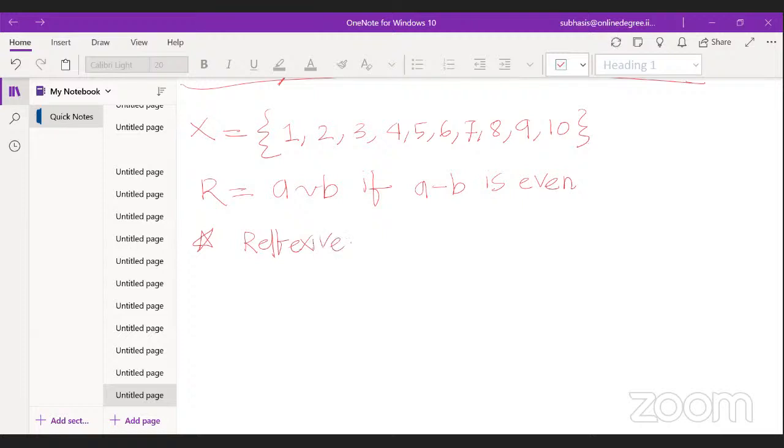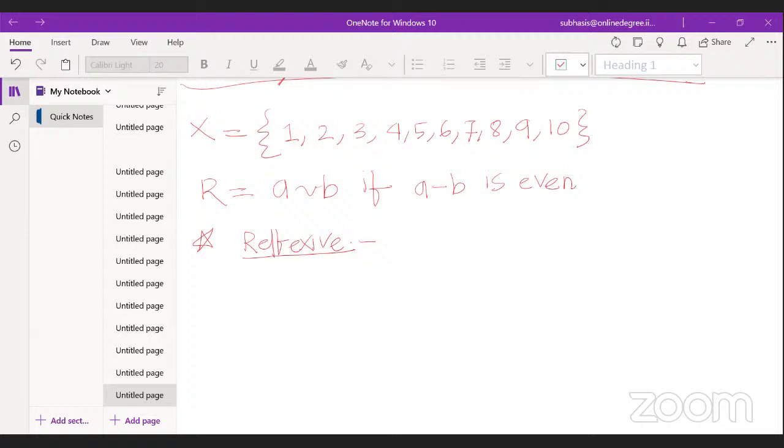No, sir. Why? Sir, reflexive is if we take 1, 1, then 1 minus 1 will give us 0.